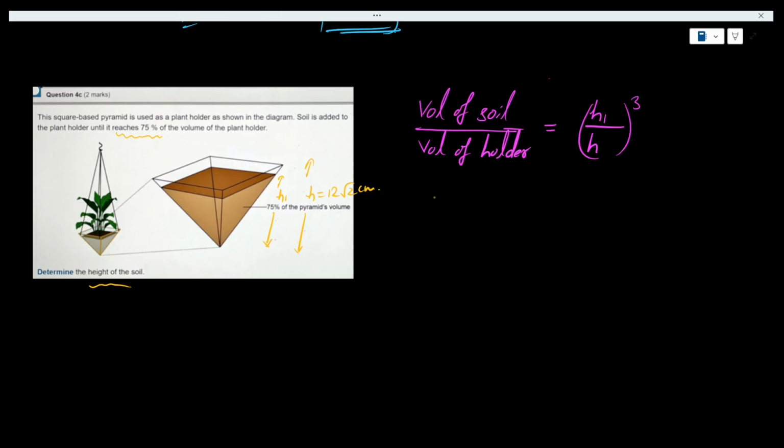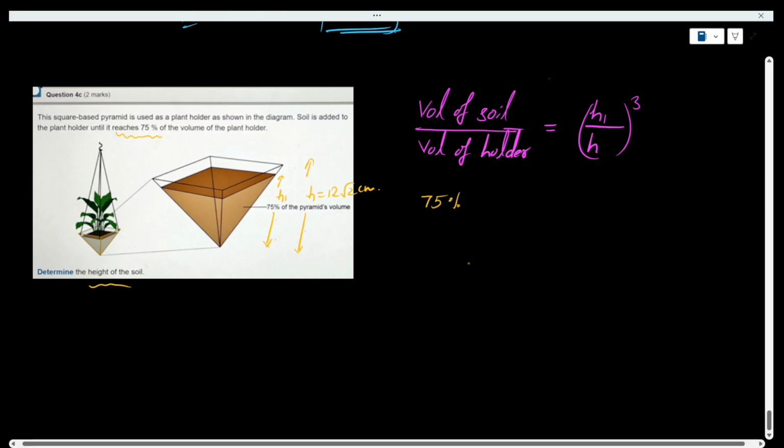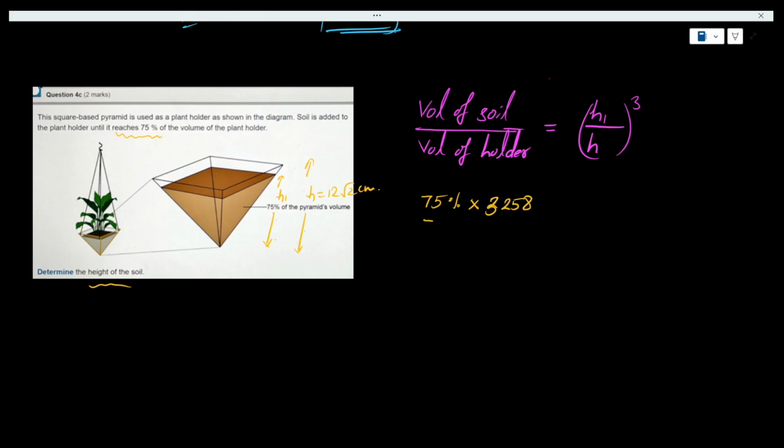Now, you can take it on the percent side. So volume of soil is 75% of 3258, and you don't need to do the calculation. It will get cancelled. The total volume of the holder will be 100% of 3258, which is equal to h1, which we need to find out, over the actual height of the pyramid, 12 root 2, whole cube.